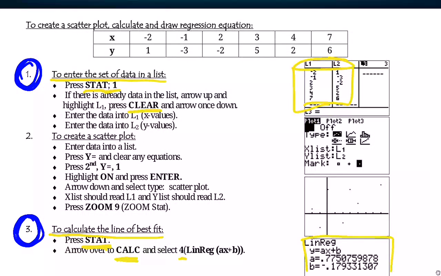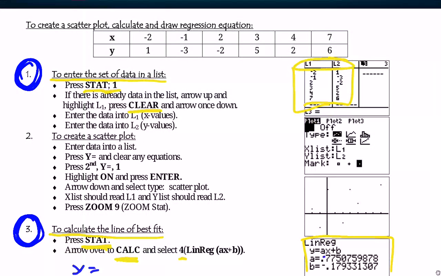It says LinReg, short for linear regression. And notice the equation is kind of similar to y equals mx plus b, but I have an a. To fill in the blanks at the bottom that say the linear regression equation, it would be y equals, and then I just write down my number.